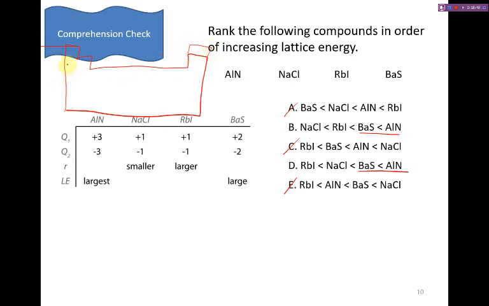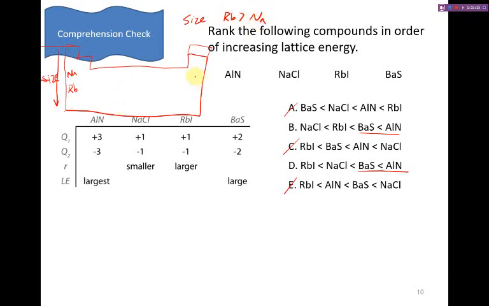Okay, so sodium, somewhere around here, whereas rubidium is 2 rows beneath it. We know that the atomic size increases as we go down. And so in terms of the size, we know that rubidium is larger than sodium.